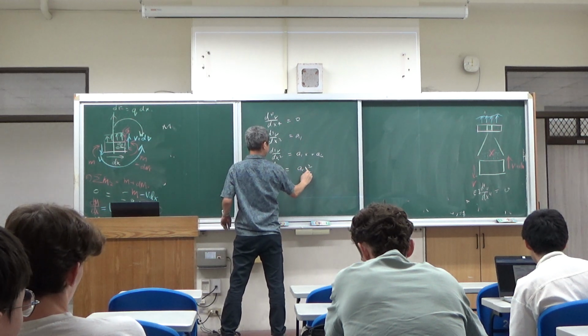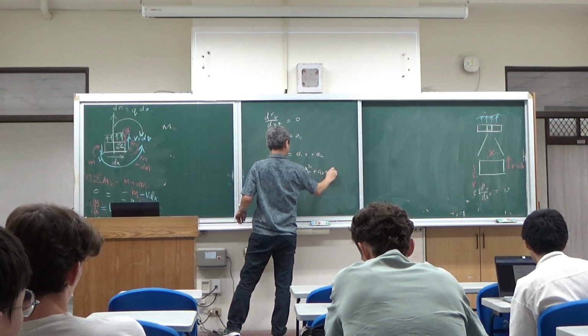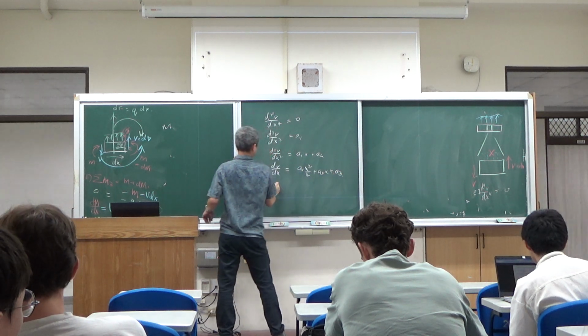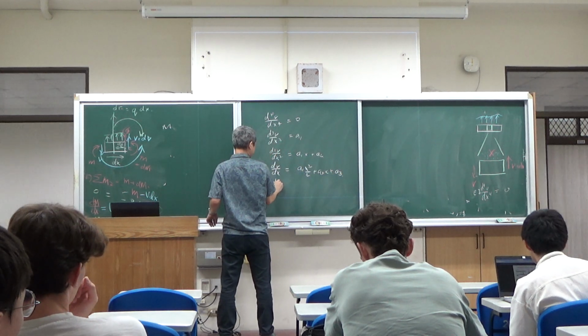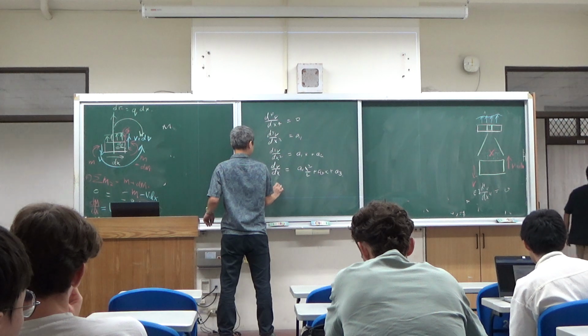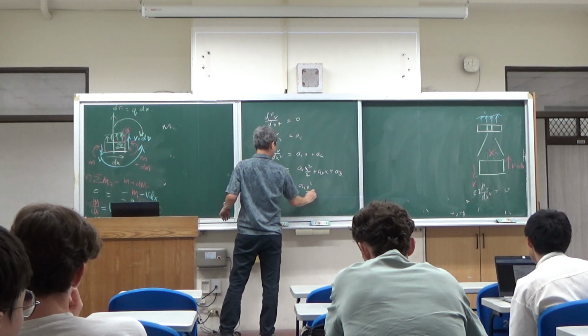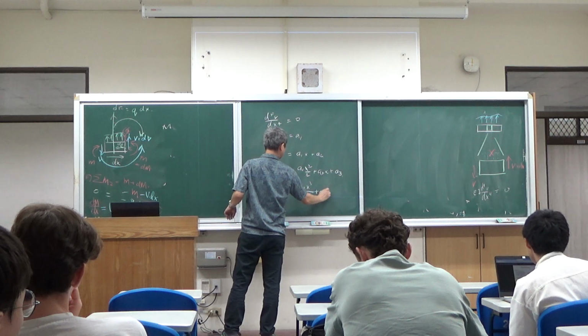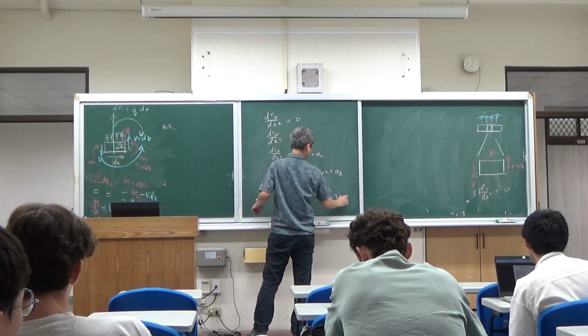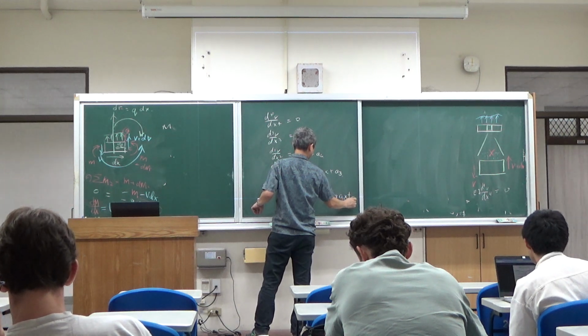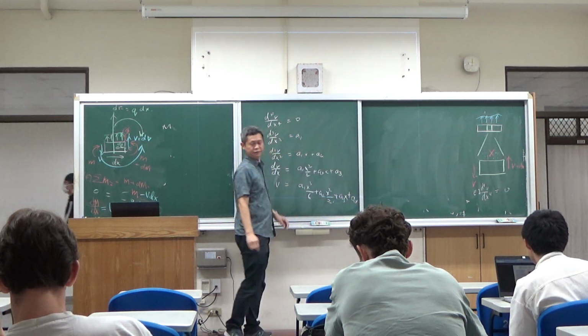Then A1x squared divided by 2 plus A2x plus A3. And after the integration four times, the displacement is equal to A1x cubed divided by 6 plus A2x squared divided by 2, and then plus A3x plus A4.